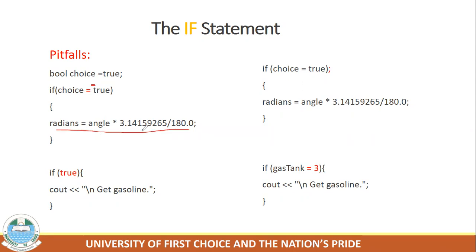What you're doing here is an assignment operation rather than comparison. So don't forget, in C++, if you want to test if it is true, you use your double equal to. If you use a single equal to, this condition will always be true or false, depending on what you've assigned to it.